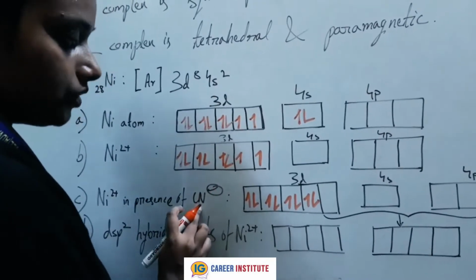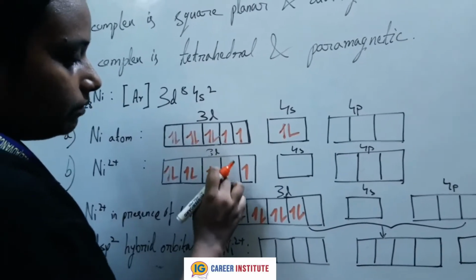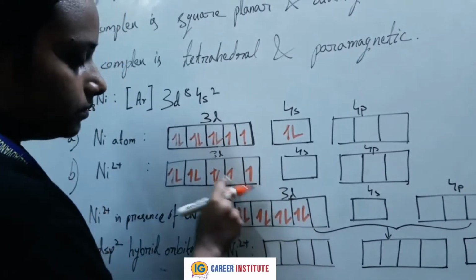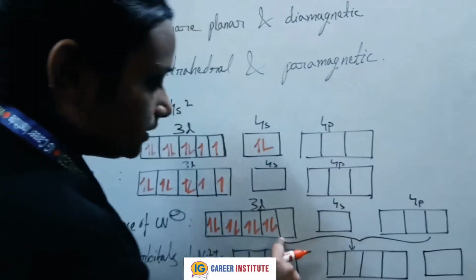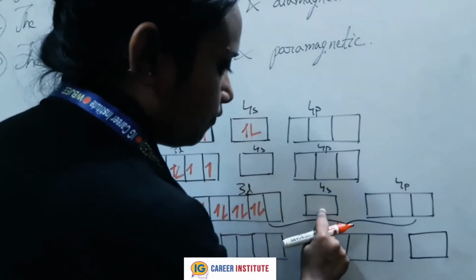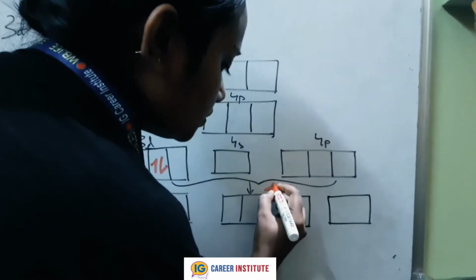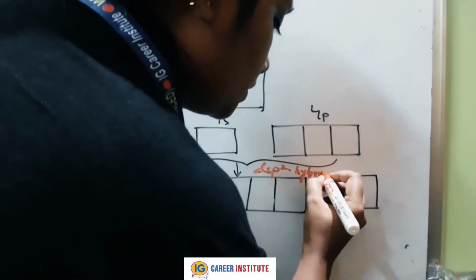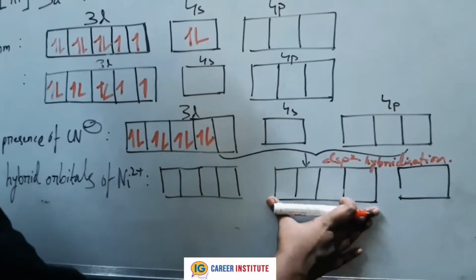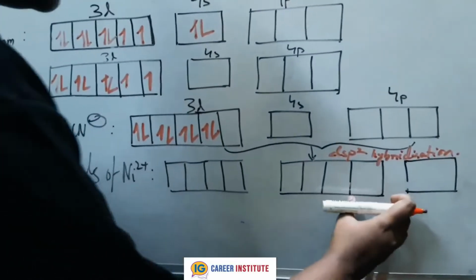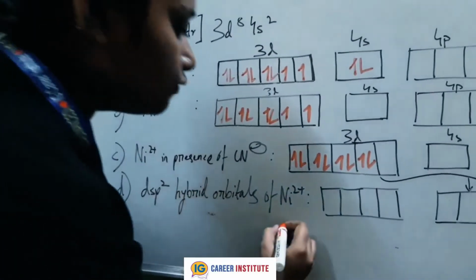Mind it, due to the presence of CN minus, this phenomenon is occurring, that is the electron is shifting and pairing with its adjacent electron in the adjacent sub-orbital. And this 3d, 4s and 4p will undergo dsp2 hybridization, resulting in the formation of 4 equivalent dsp2 orbitals. Now each of these 4 equivalent dsp2 orbitals will combine with 4 CN minus.